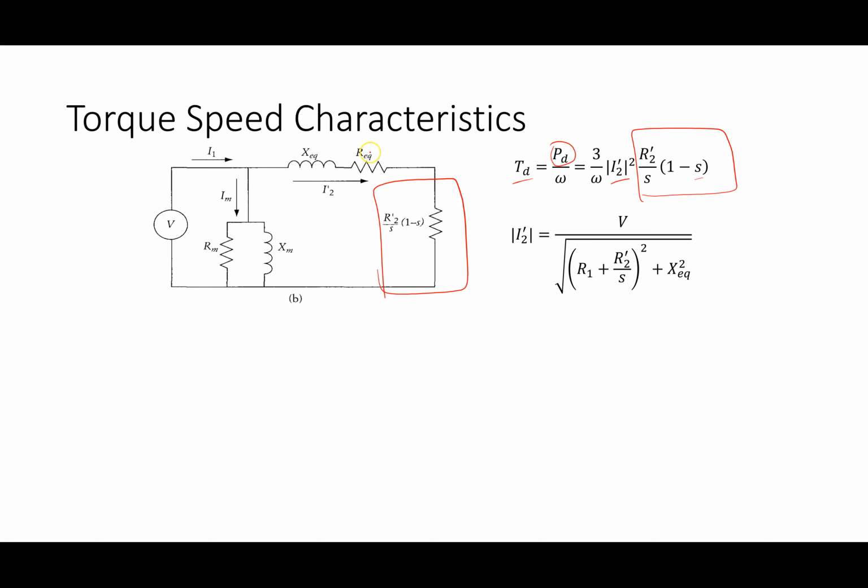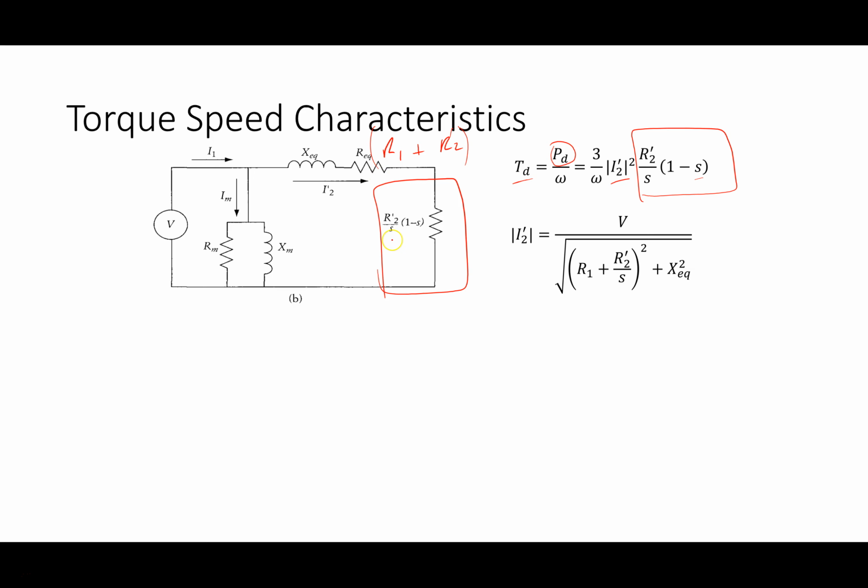magnitude of this impedance. So the magnitude of this impedance is, remember this R equivalent is R1 plus R2 prime.